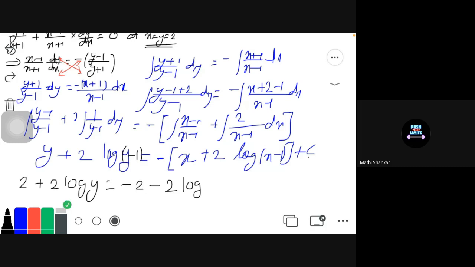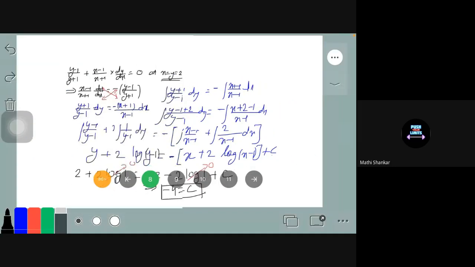So here when I put 2 minus 1, that will give me log 1. Similarly here when I put the value of x is equals to 2 minus 1, that will give me log of 1, plus c. Now log 1 is 0. So from here I'll get 2 minus 2 comes over here, so minus 4 is equals to c. So I get the value of c as minus 4.